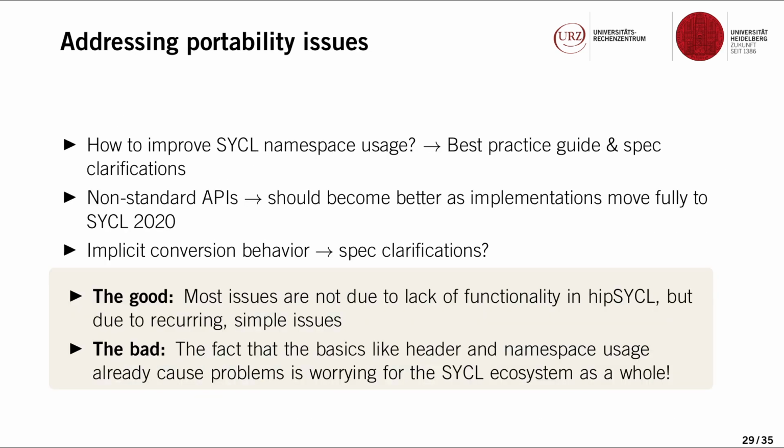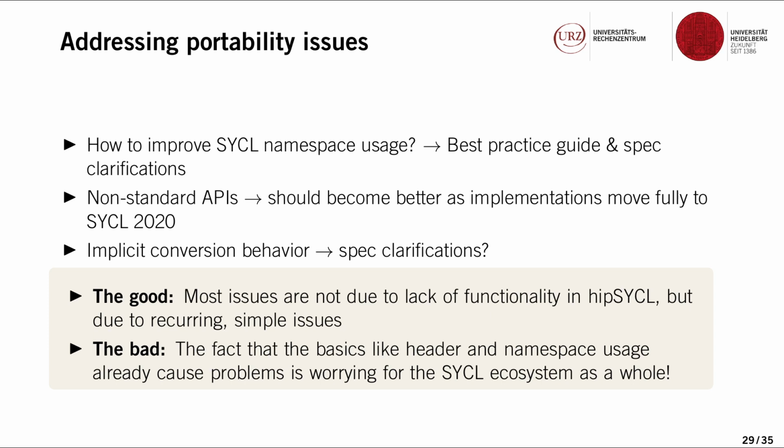So how can we address those issues? For the namespace usage, we could have some best practice guide and maybe some spec clarifications. The non-standard APIs should hopefully become better as implementations mature and fully move to SYCL 2020. The implicit conversion behavior, that's a bit more unclear.